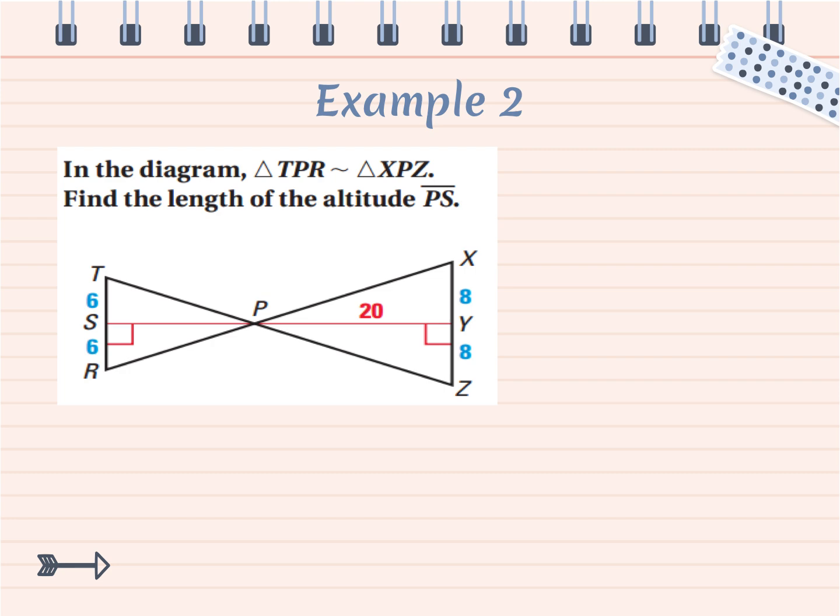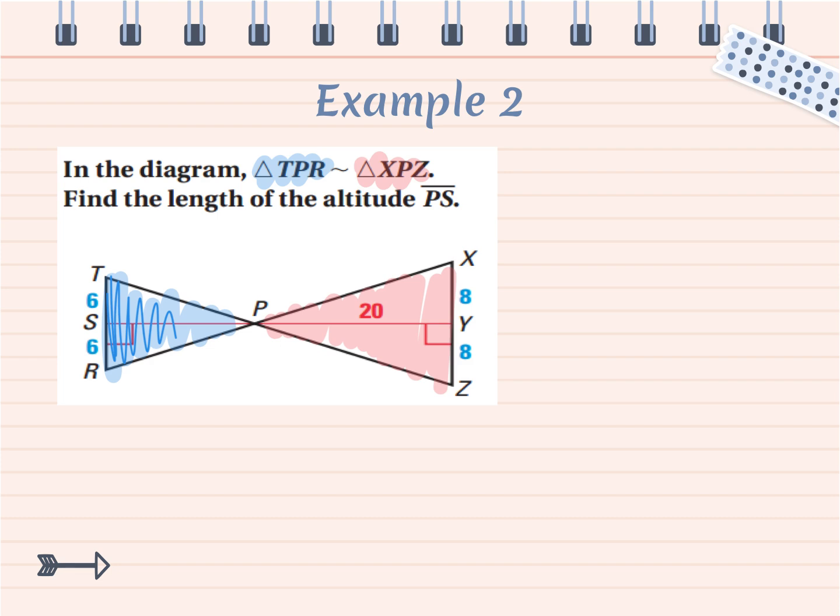This one's asking for the length of PS. Okay, they're giving you two triangles. I'm going to highlight them in two different colors so you know which ones I'm talking about. Looking at this one, my blue triangle TRP, and then I have triangle XPZ.